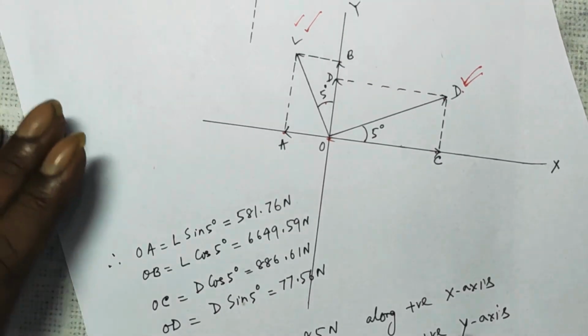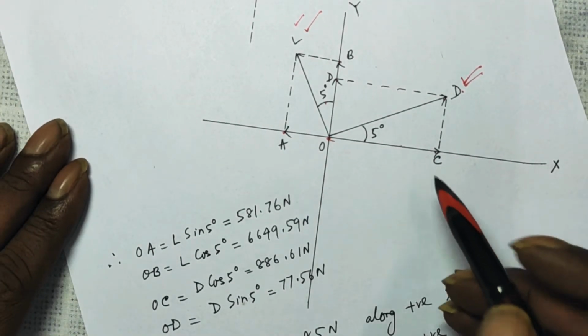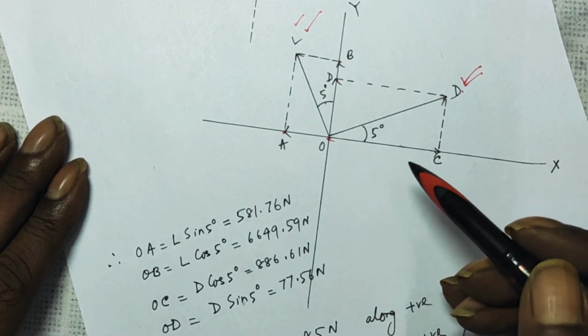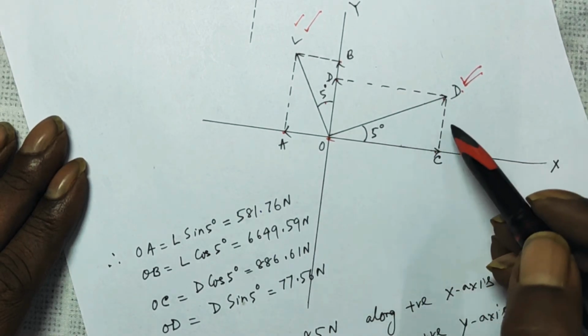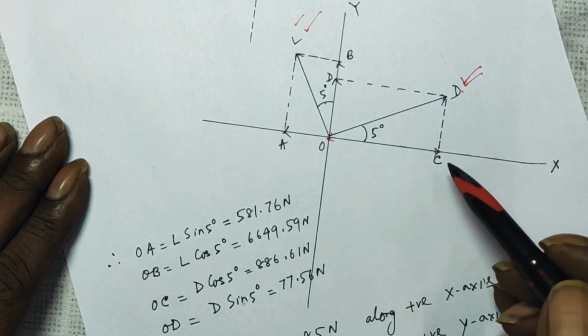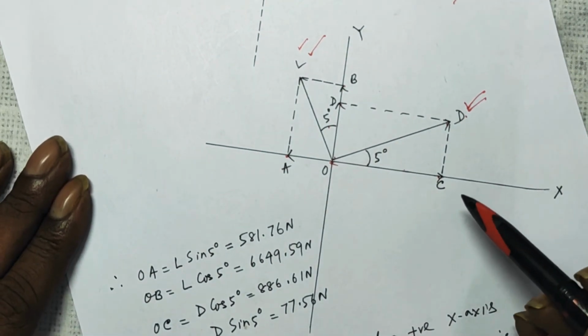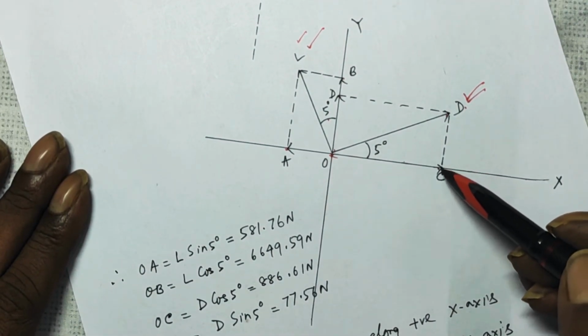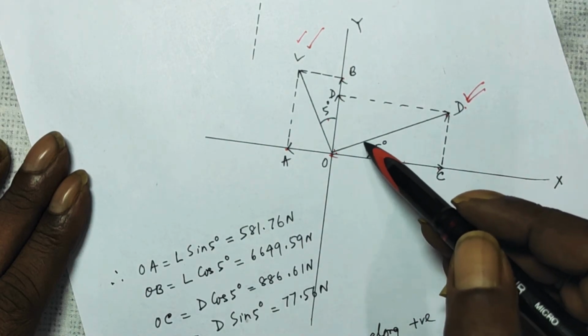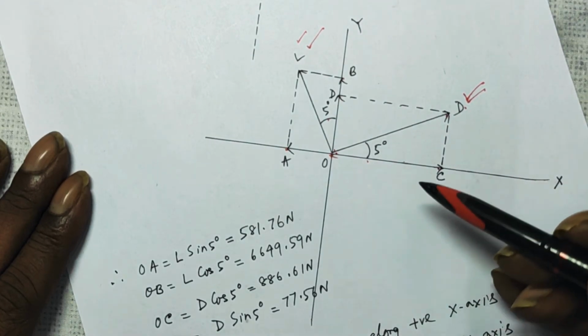Now it is simple. Therefore, you take sine theta in triangle CDO and cross multiply, and again you take cos theta in triangle CDO and cross multiply.